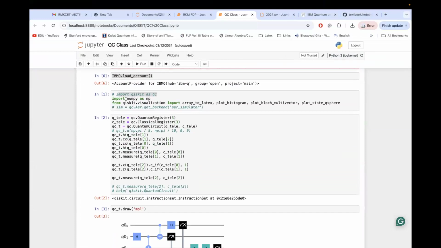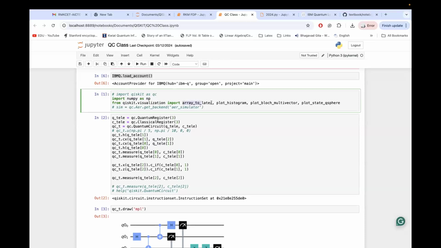Most of the time, we'll be using pi, square root, and other symbols. For that, you have to import the NumPy Python package, and we can use a short notation for NumPy, like np. For using Qiskit visualizations, we have to import the following things.